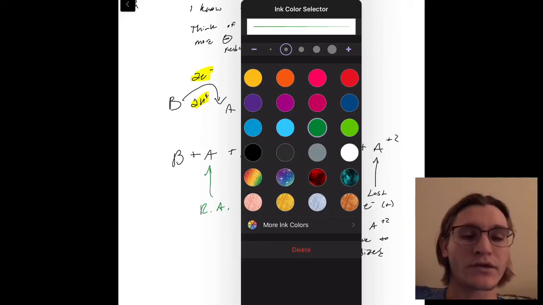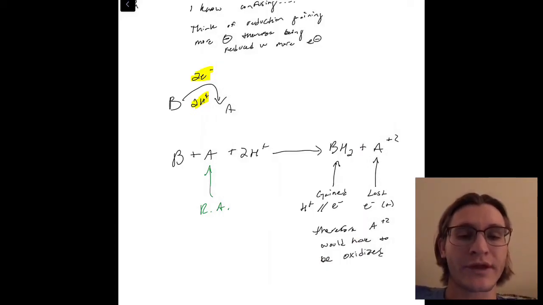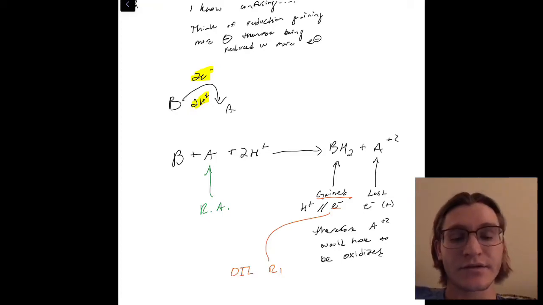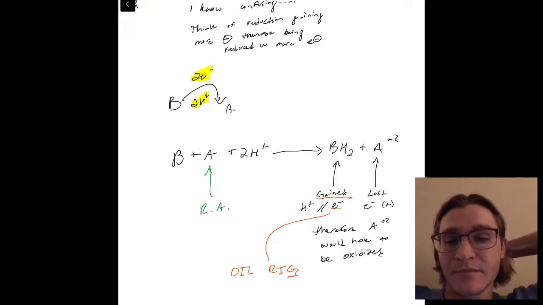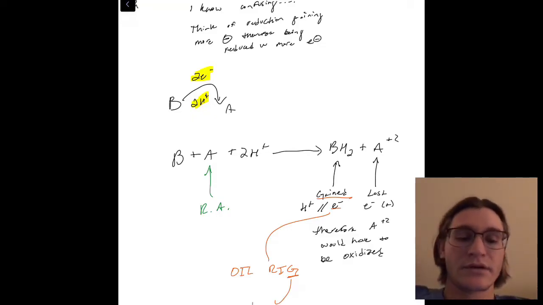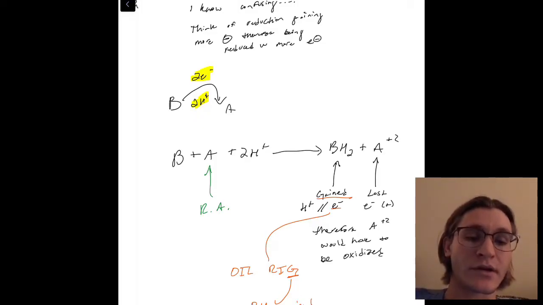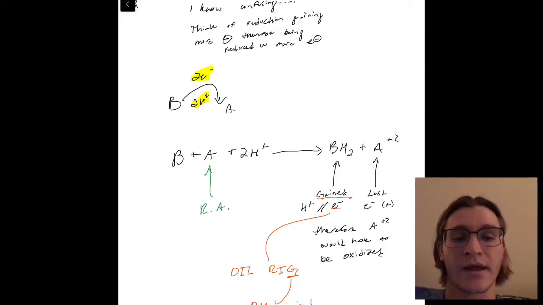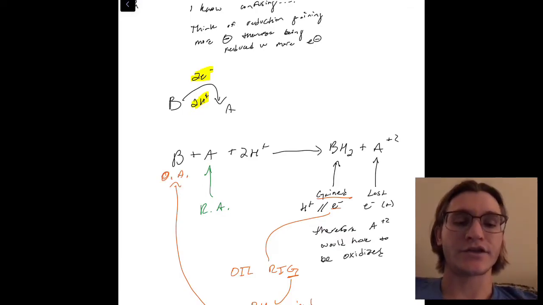Once again, I know it's confusing, but the molecule that's being reduced is the oxidizing agent. A plus 2 was a loss of electrons, and BH2 was a gain, so OIL RIG. It's being reduced, therefore it is the oxidizing agent.